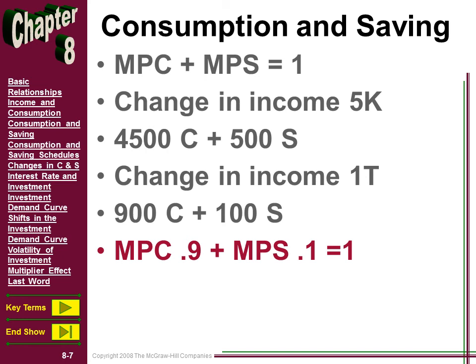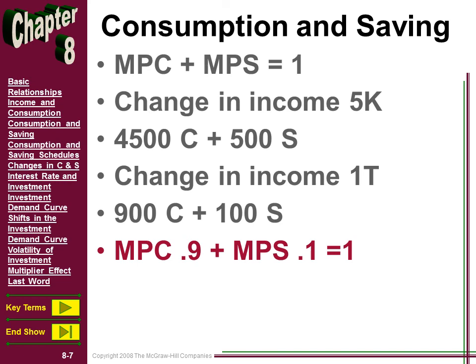The next example, similar thinking, but a macroeconomic example. Let's assume that the entire nation had an increase in disposable income of $1 trillion. All right, so GDP may have increased by, say, 1.5 trillion, but some of that was paid in taxes and such.